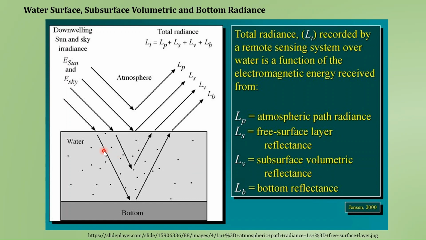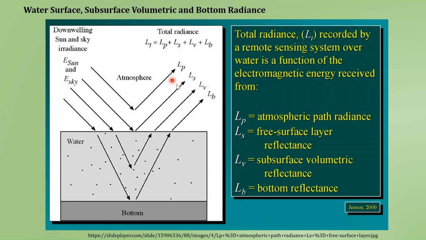And then the last one is the portion which reaches the bottom, and after interacting with the bottom it propagates back towards the atmosphere and exits, and this is referred to as LB, the bottom reflectance. So the total radiance which is observed from a surface water body is the combination of these four.